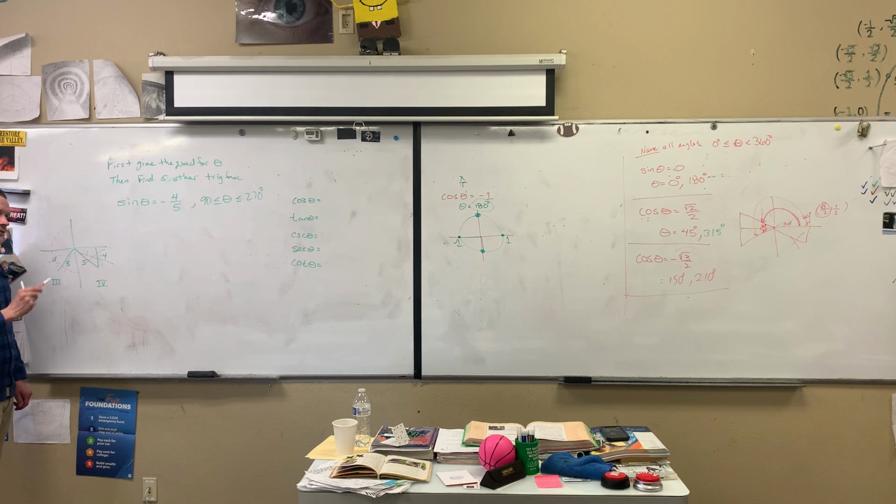So now that tells you when you go to cosine, x is negative, right? So now you think, okay, well, I know I have a -4 for y, I have a 5 for my r. What is my x value? 3. And then -3. How did you get 3 so fast? Because it's the perfect Pythag triple.